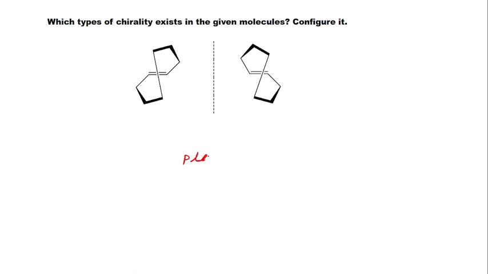Answer it. Because it's like a handle. It means the alkene one side is twisted in this kind of form. So on one side we have this, on the other side we don't have that. So plane chirality exists.